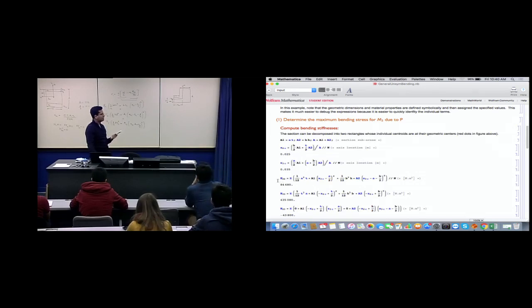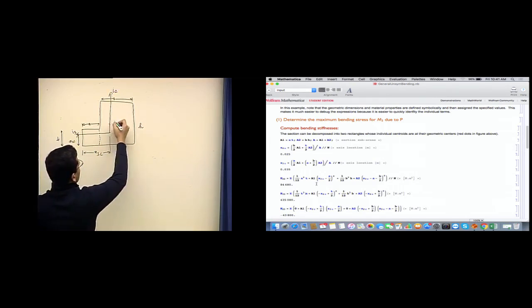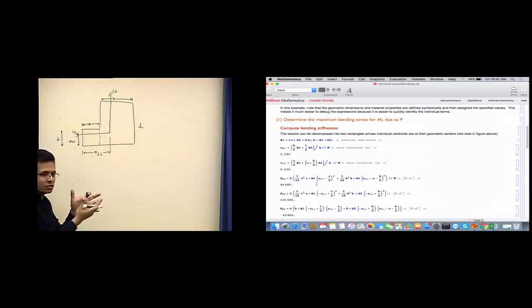Then we calculate the bending stiffnesses H22, H33 and H23. And we do this by dividing this cross section in two areas. So we have one area which is the smaller one and the second which is larger. Now these have sections of symmetry individually.